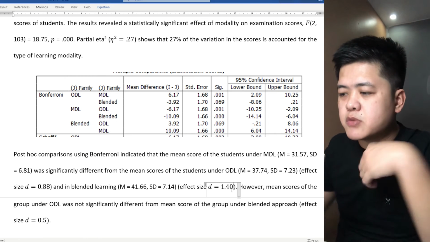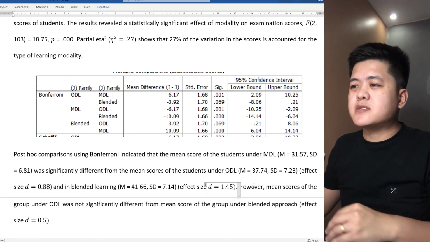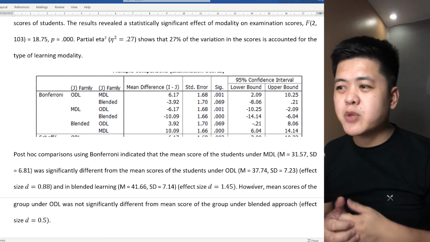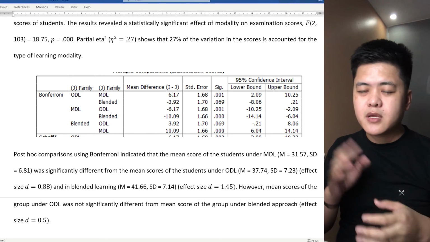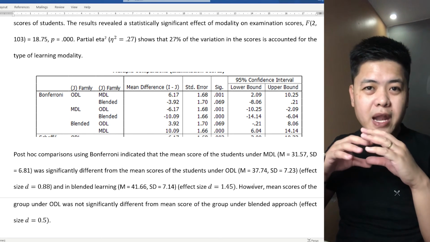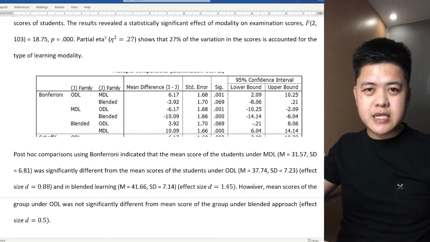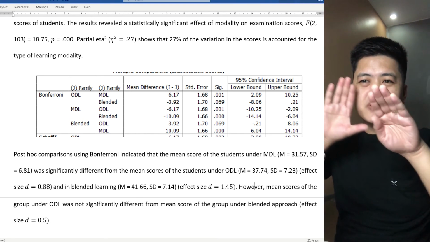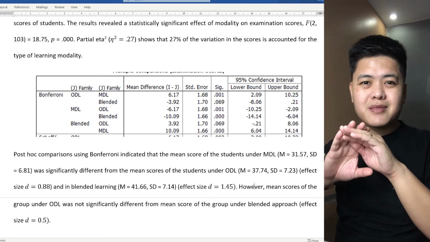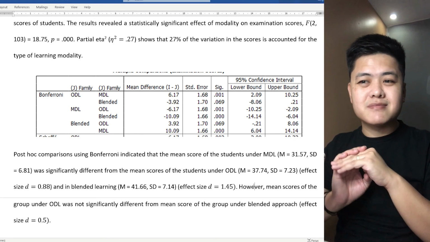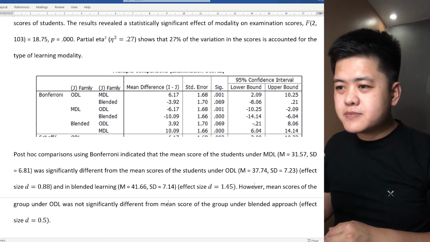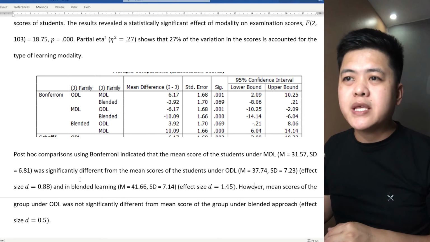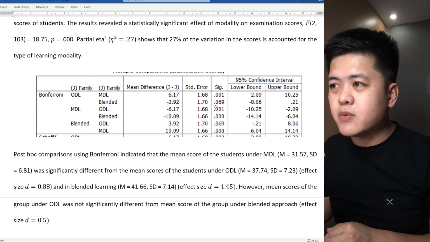Mali yung type ko dito. Should be 1.45. So the effect size is very large. Effect size 1.45, roughly siguro mga nasa 30% yung nag-overlap sa distributions nila. Pag, let's say, kung mga circles, yung nag-overlap sa kanila is around mga 30%. Something like that.